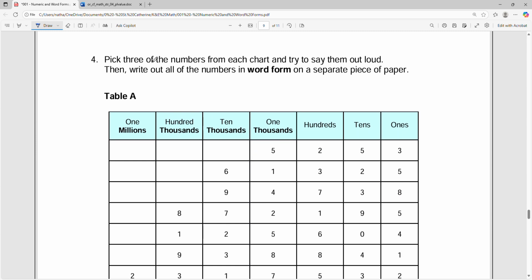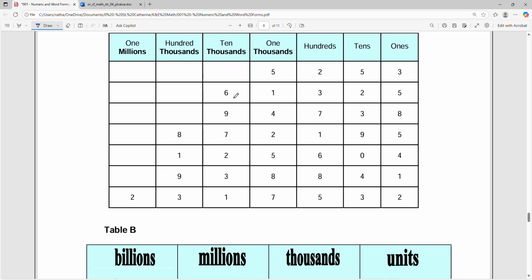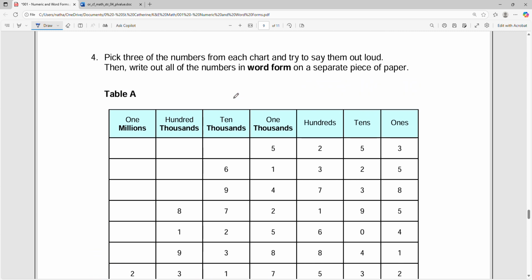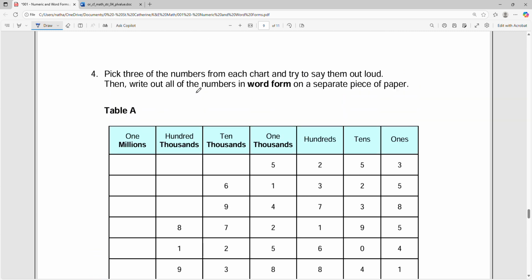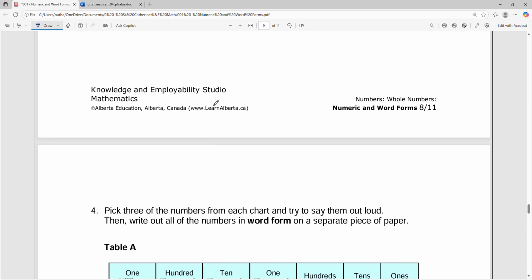And number 4, pick 3 of the numbers from each chart and try to say them out loud. Then write out all of the numbers in word form on a separate piece of paper. For this one, just practice saying those out loud. You can practice writing those on a separate piece of paper.